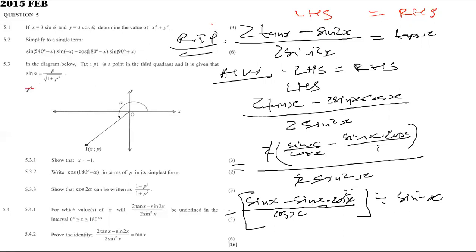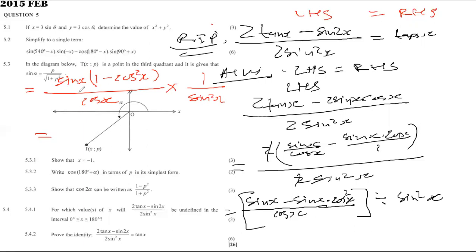Now, I'm left with what? In the numerator, I'm now having sine x. I can actually factor out sine x because I see it's a common factor. And I'm going to have now 1 minus cos squared x, and this is all over cos x. But now I was dividing, so now I'm multiplying by 1 over sine squared x.